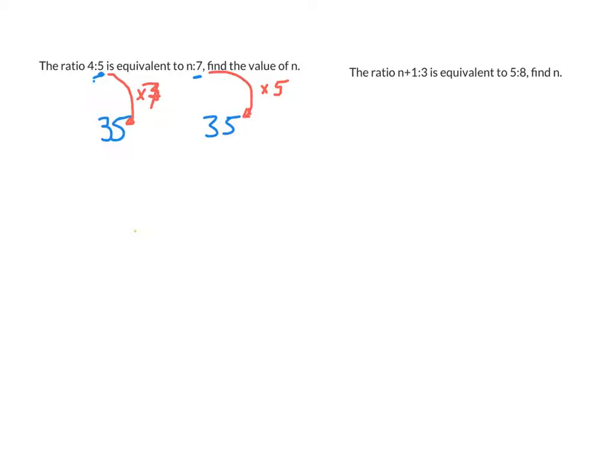So we now have 4 times 7, which must give us 28, and n must be multiplied by 5 to give us 5n.